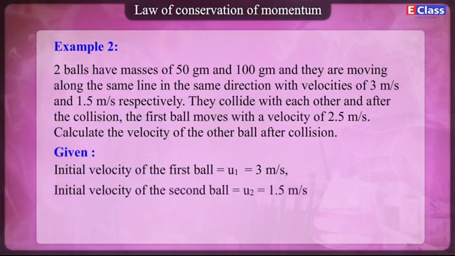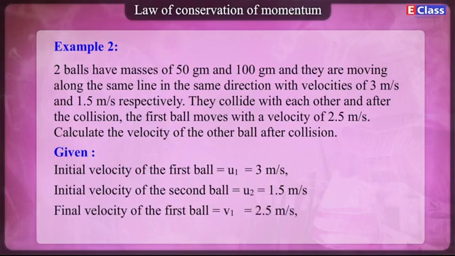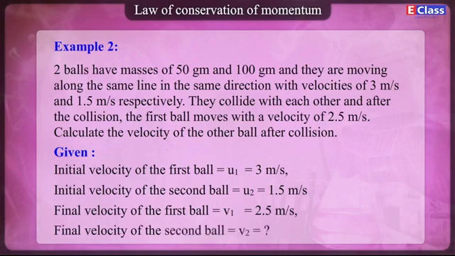Initial velocity of the second ball is equal to u2, which is equal to 1.5 meters per second. Final velocity of the first ball is equal to v1, which is equal to 2.5 meters per second. Final velocity of the second ball is equal to v2, which is equal to how much?